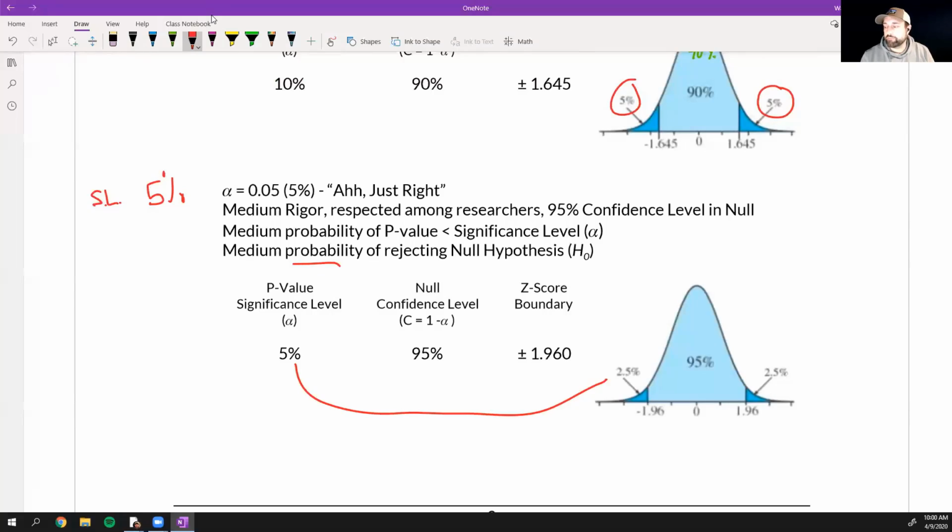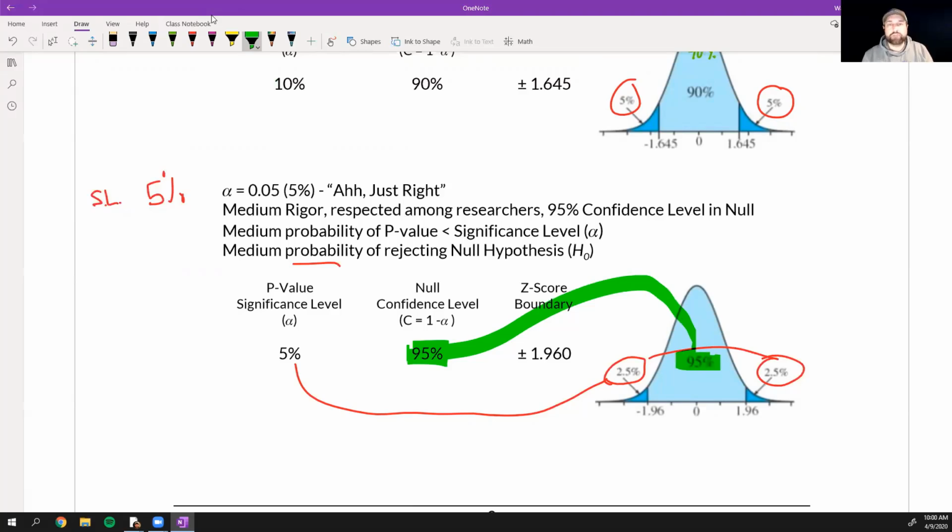Again, here's your 5% broken into 2.5 here and 2.5 here. And then you've got 95% confidence, which is this guy, and that is the area here. And we've got some z-scores in here. You can see the z-score of negative 1.96 and 1.96.